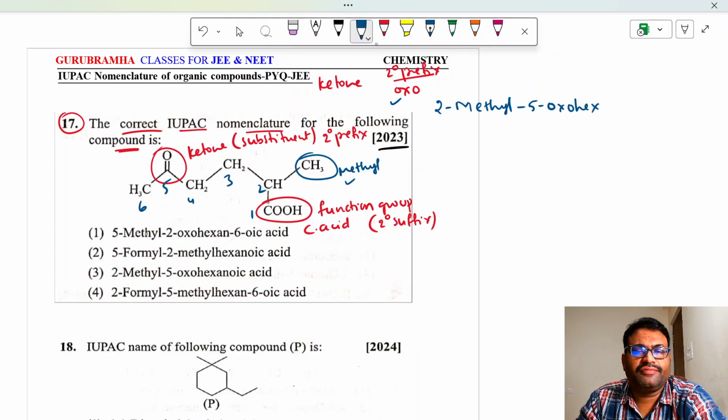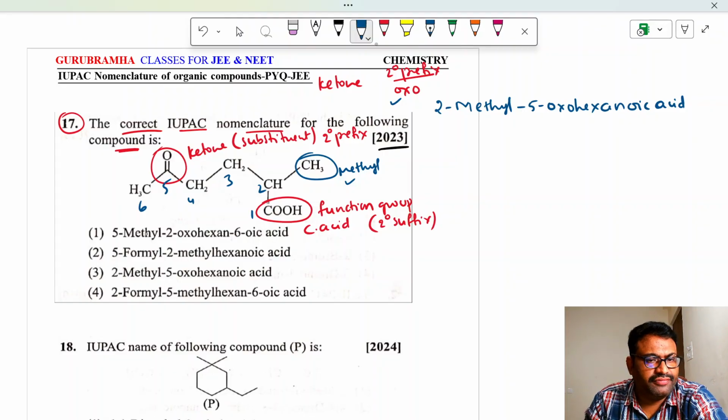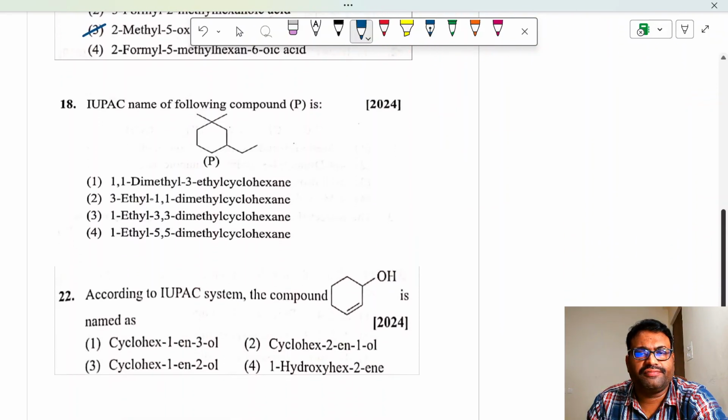Hex. Carbon-carbon single bond. Ane. At what carbon atom you are having carboxylic acid? First carbon atom, simply you can write oic acid. So 2-methyl 5-oxohexanoic acid. Where do you find this answer? At the third option. Okay, so that is the correct answer.